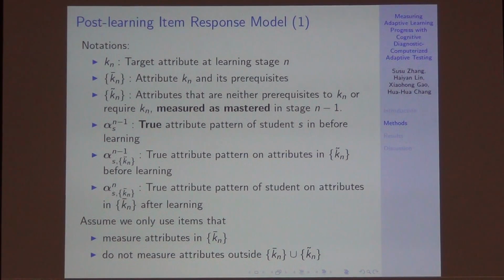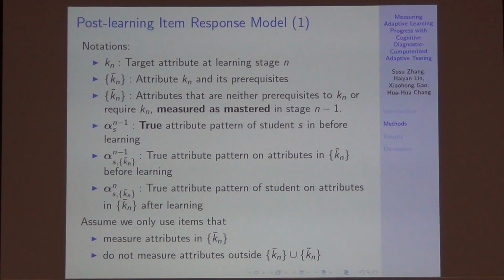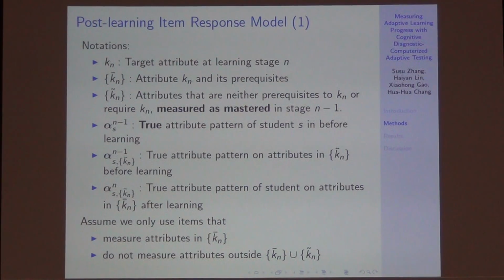And also we assume that in the post-learning CDCAT, we only administer items that measure the target attributes, which is the target and its prerequisites. And they do not measure attributes outside of the union of these two sets.